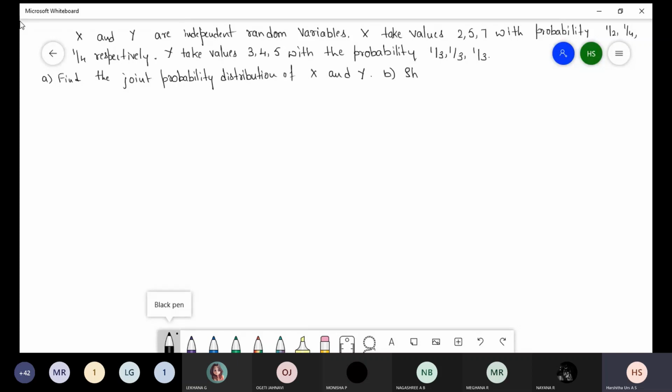Second, show that the covariance of x and y is equal to 0.